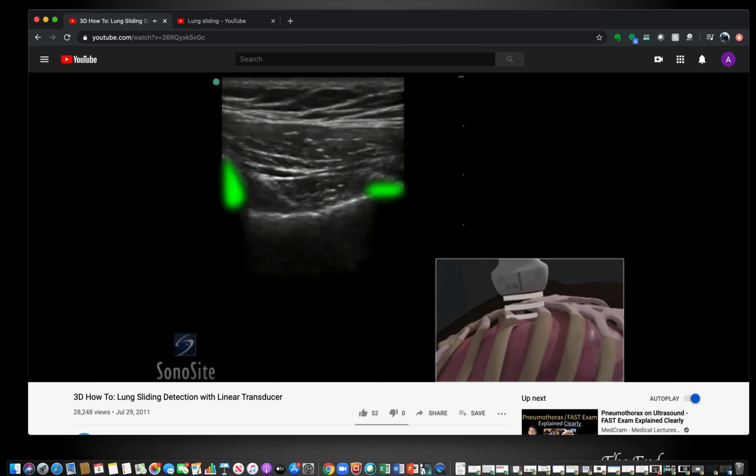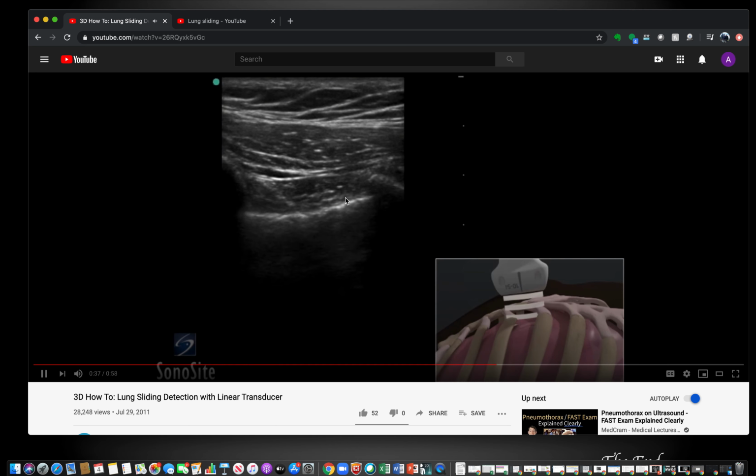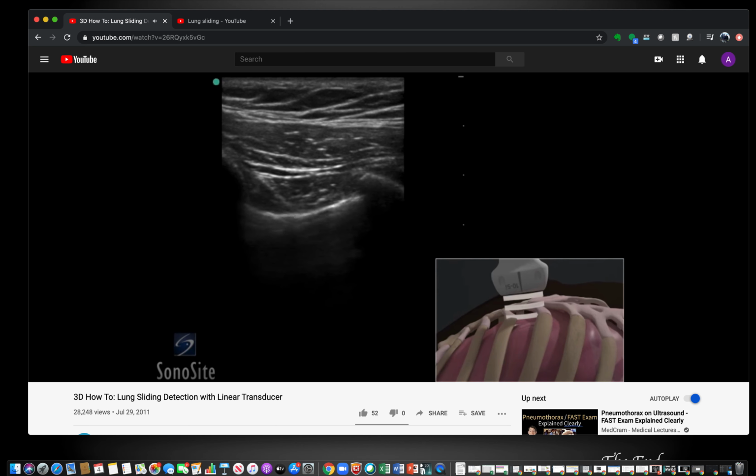The ribs are identified in the near field of the image as a bright interface with a posterior shadow. The pleural line is identified as a bright hyperechoic line between the rib shadows. The to and fro sliding movement of the visceral pleura against the parietal pleura with breathing generates the lung sliding sign.